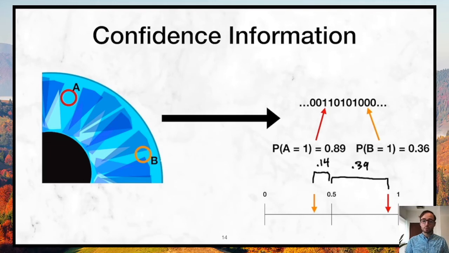So we would be more confident in region A than we would be in region B. This is what confidence information aims to do, which is to say, I think that this reading is going to match other readings of this same source. You can think of confidence information as how confident we are that a bit will not have an error.